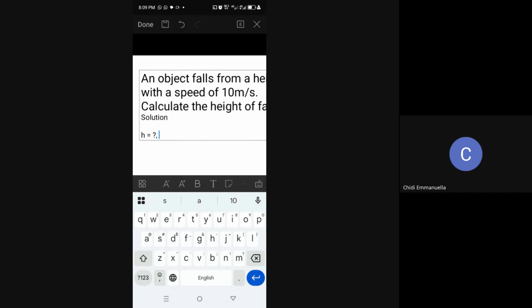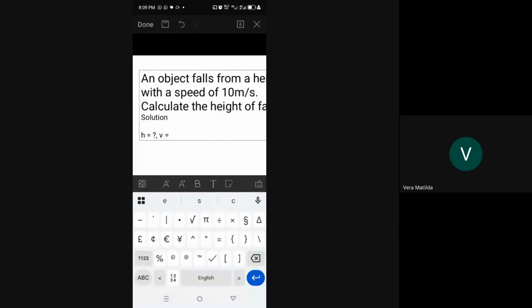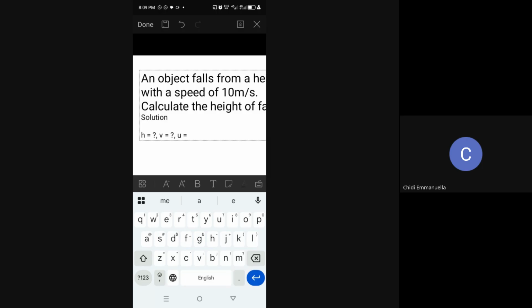Final speed. Why is it not initial? So what's the value for initial? 0, because the object falls from rest. Good. Then acceleration due to gravity, usually let's use 10 meters per second square.